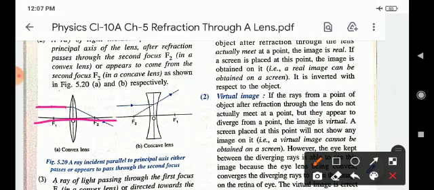Incident light is parallel. A ray of light incident parallel to the principal axis of the lens, after refraction, passes through the second focus f2 in a convex lens or appears to come from the second focus. That is f2, the second focus.